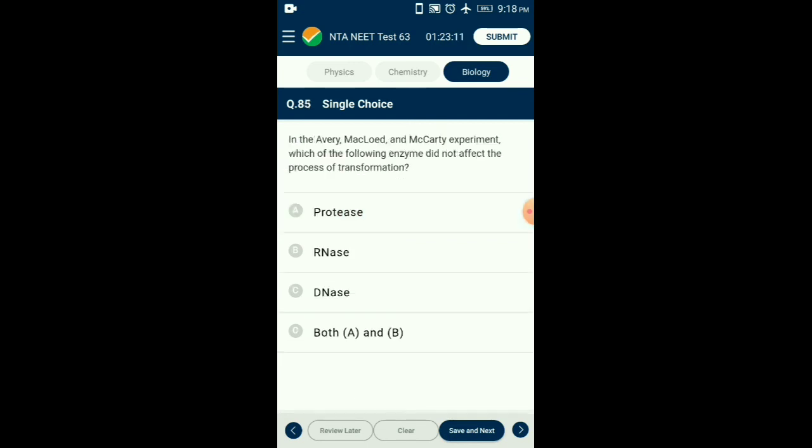Question number 85. In the Avery, MacLeod and McCarty experiment, which of the following enzymes did not affect the process of transformation? Prior to the work of Oswald Avery, Colin MacLeod and Maclyn McCarty from 1933 to 44, the genetic material was thought to be a protein.